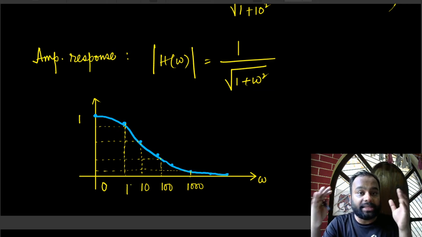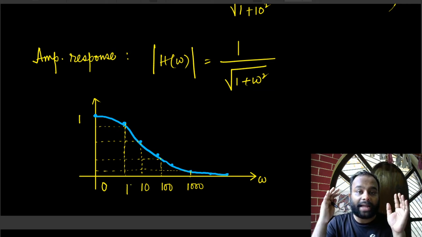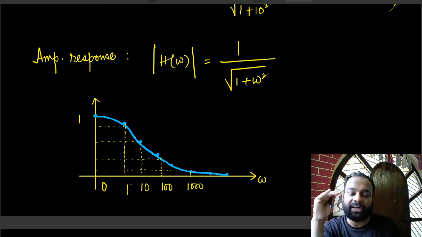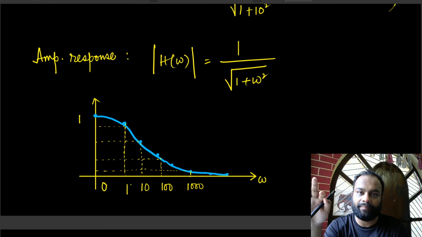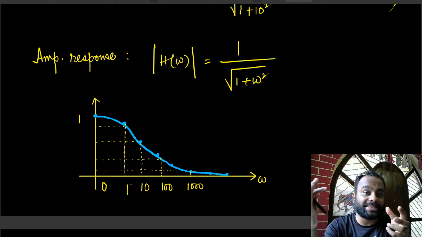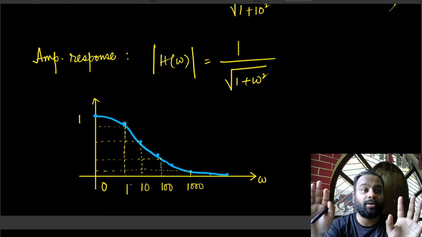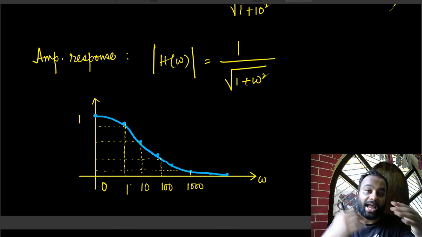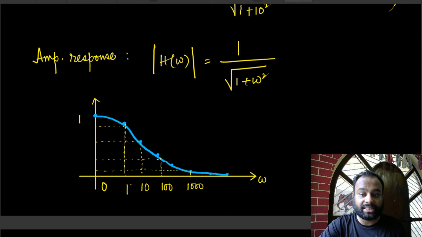So now this system does a differential behavior on the signal, kind of. Signals that have lower frequencies, it lets pass without much attenuation. But signals that have high frequencies, it lets pass with a large attenuation. In other words, if the incoming signal has a very high frequency, the system will not let it pass, right?